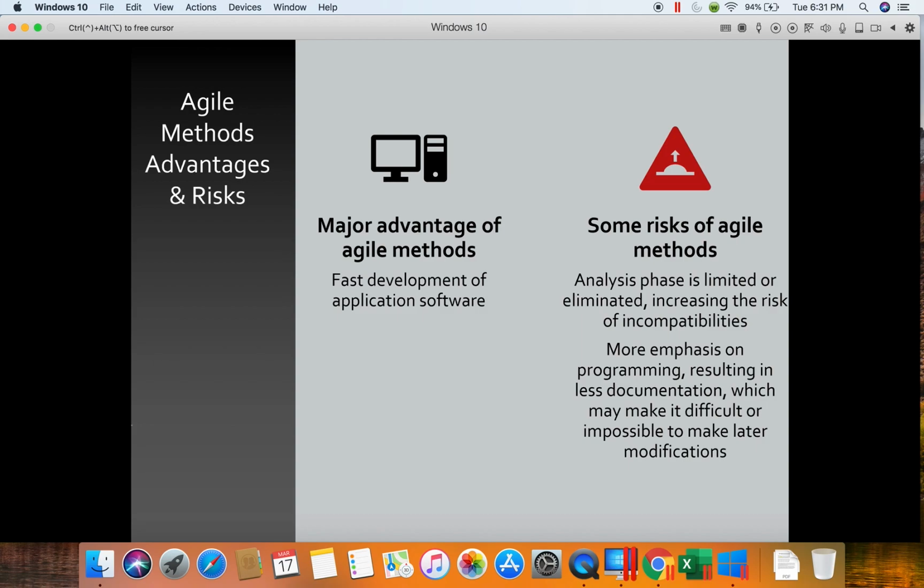There's also an increased risk of it not meeting all of the needs of all of the users. And developers devote most of their time to construction and very little time to documenting the system, which can mean that later modifications can be challenging because they don't understand what the system is doing completely.